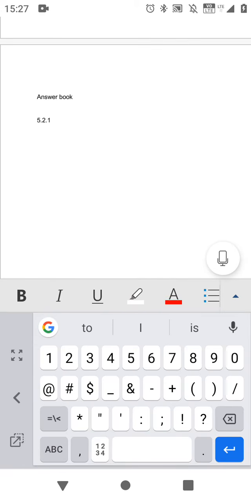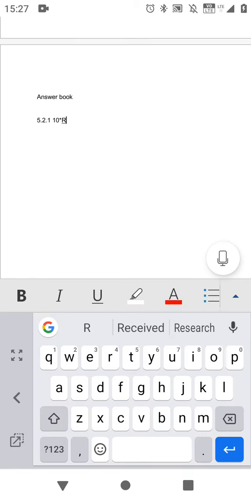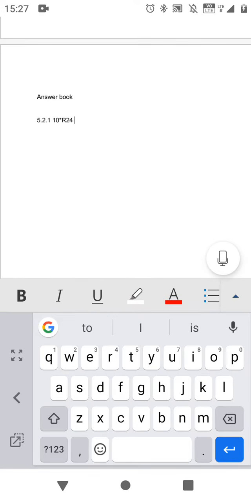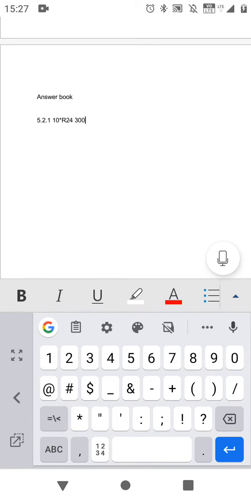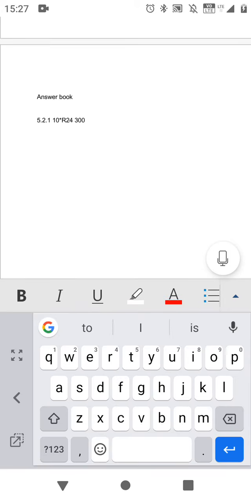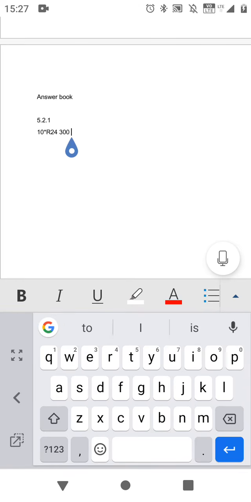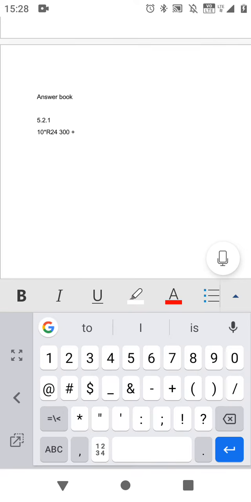Remember we are left with 10, which we have to multiply by the cost price of 24,300. Okay, then remember we also have to add the other product.